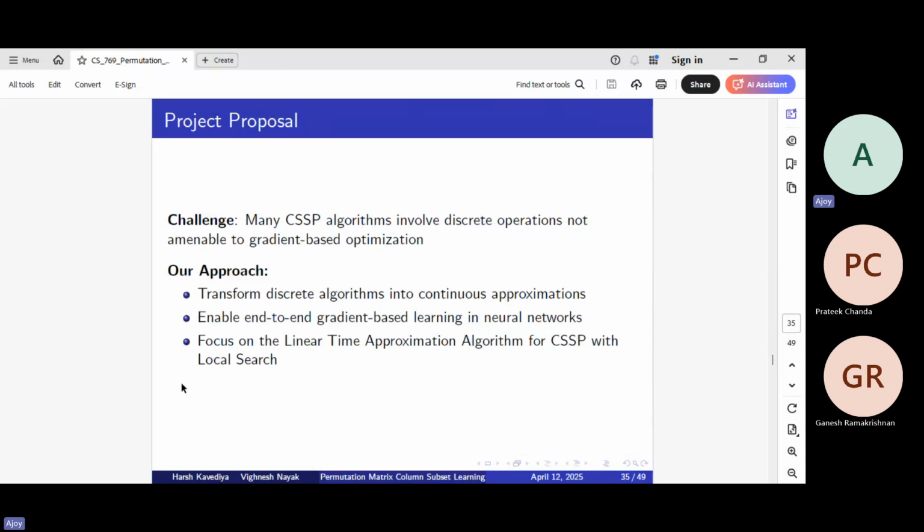So what we are proposing is a method to make continuous approximations of the discrete steps and train a neural network on the entire linear column subset selection algorithm, and see if we can improve the bounds for the error approximation ratio and the running time as well.